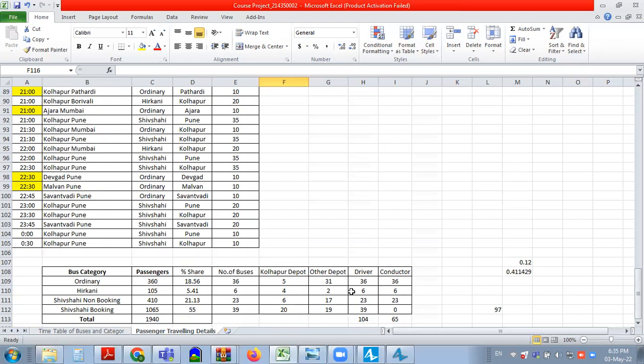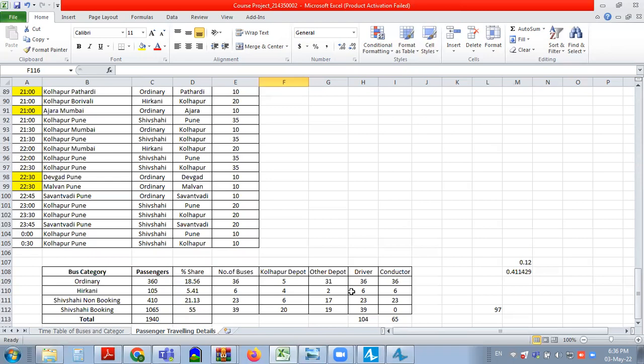So one bus runs with more capacity and other buses run vacant on a parallel route, and that impacts the revenues of the Kolhapur depot as well as other depots. Because once a bus leaves Kolhapur, if there are no stoppages in between, your revenue is lost.